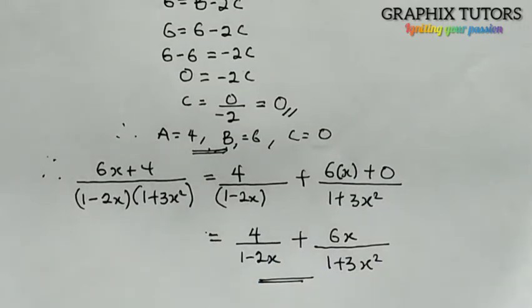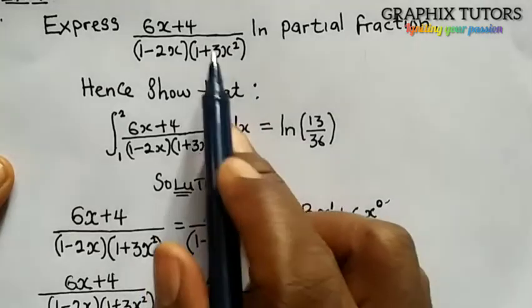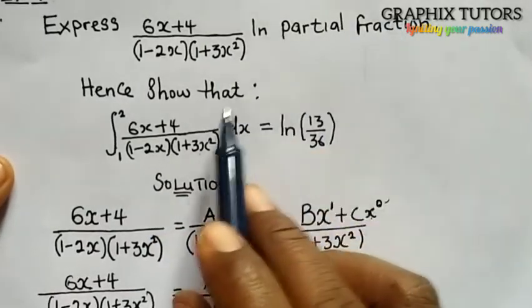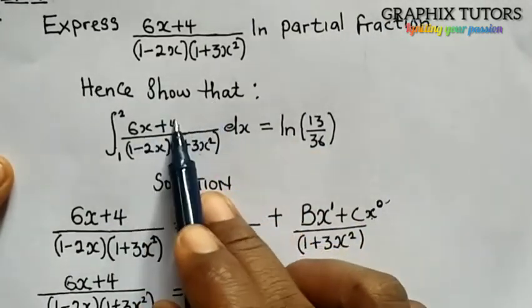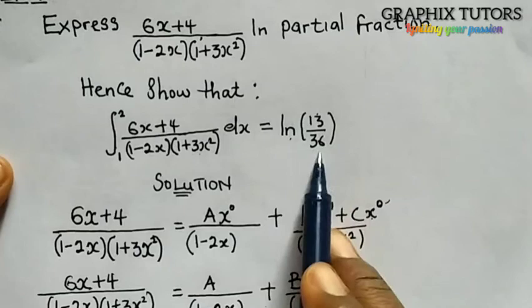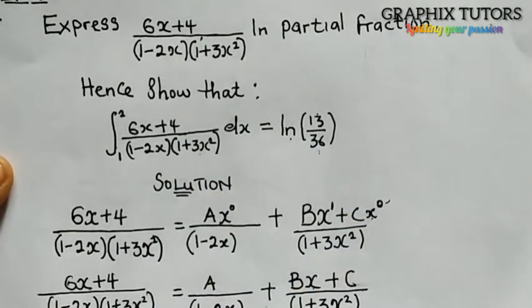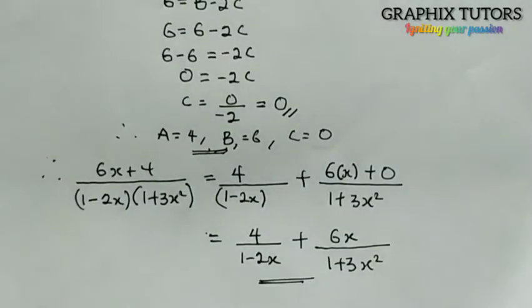So our question is telling us that after we've already expressed this in partial fractions, now show that the integral of this we just solved equals ln 13 over 36. So we want to prove that this will give us this. So I'll take this and write it out.